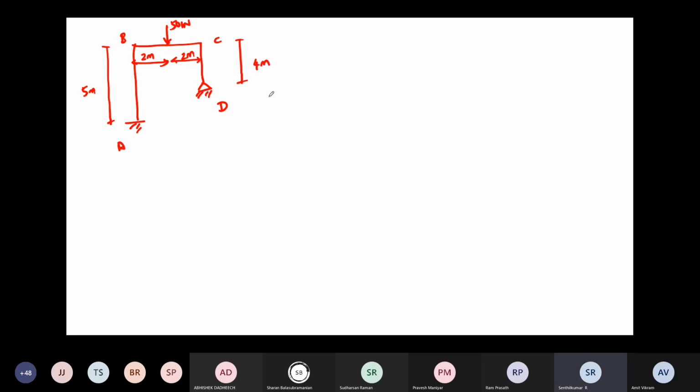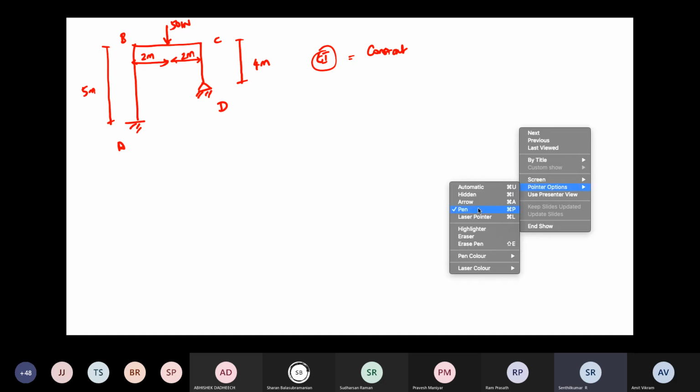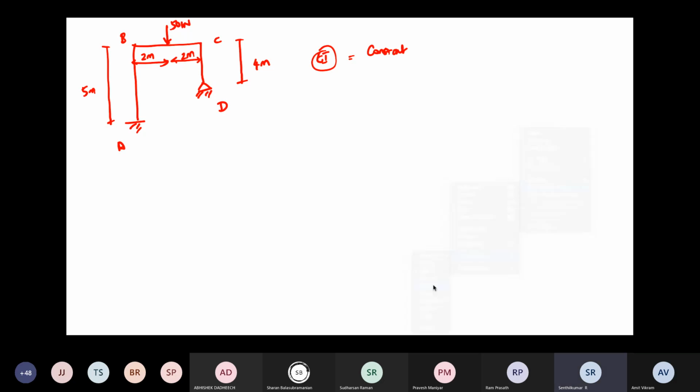I think all things are there. Plus EA is constant. Some values are there, keep it as it is. Okay. What is your first step? Degree of unknown number. How many unknowns are there?